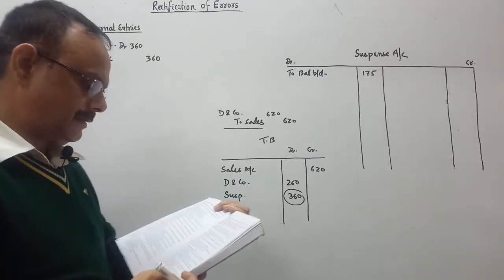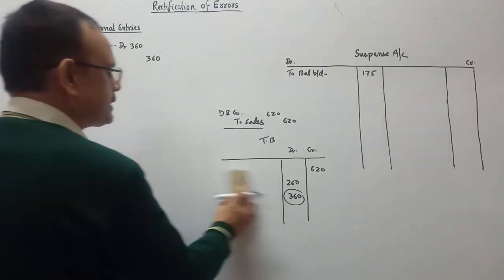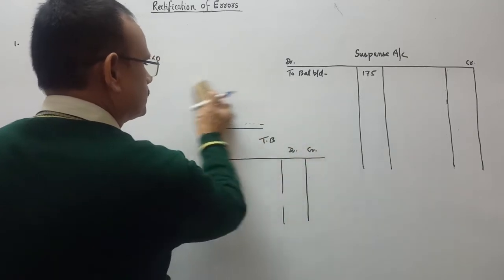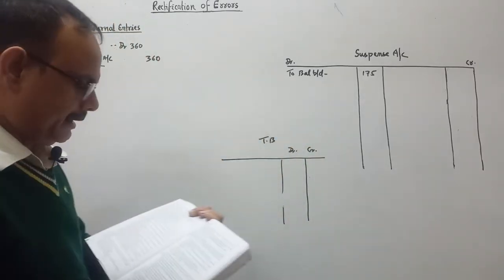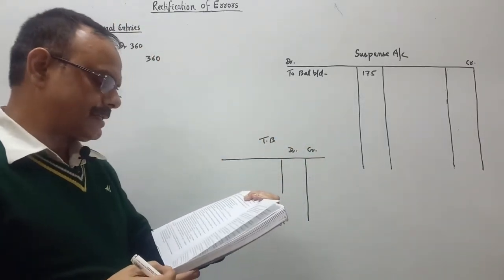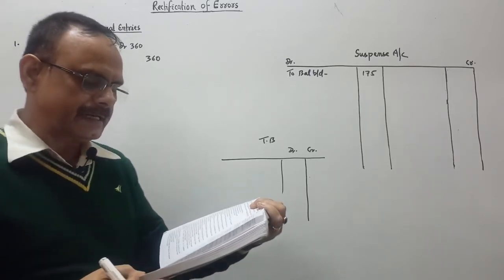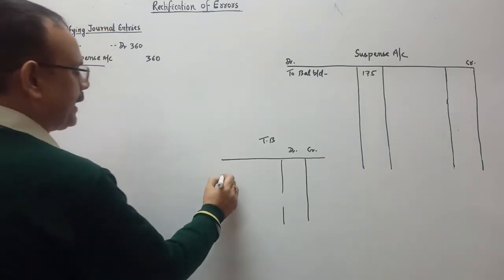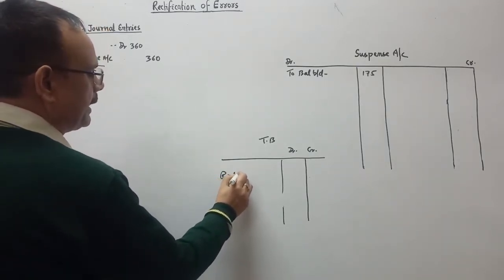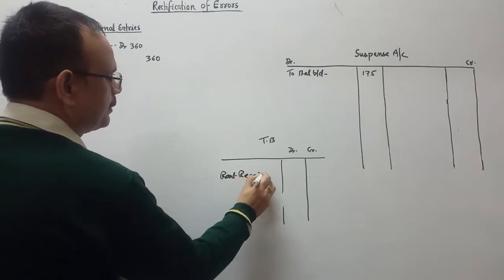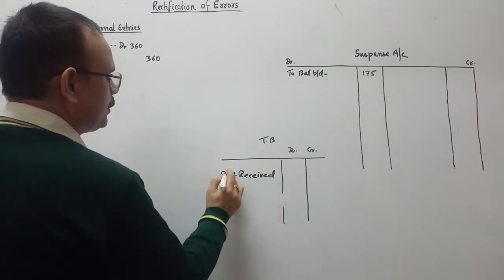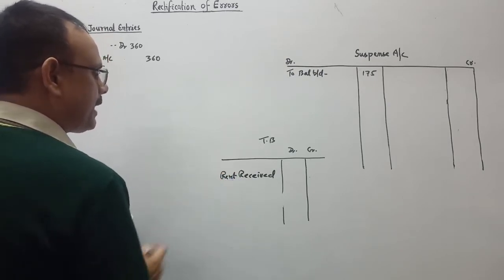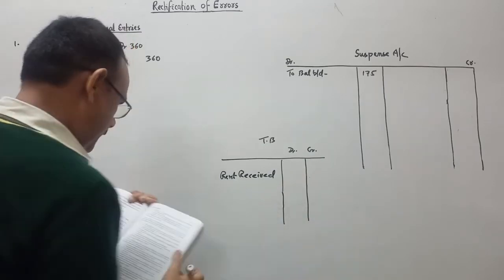Next one is the second number. You see the second error. The second error is: a credit balance of 755 of rent received was shown as 570. Rent received has a credit balance, and this is the side we have to consider, right?